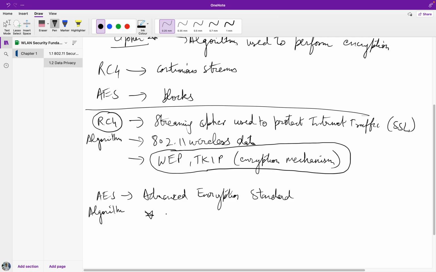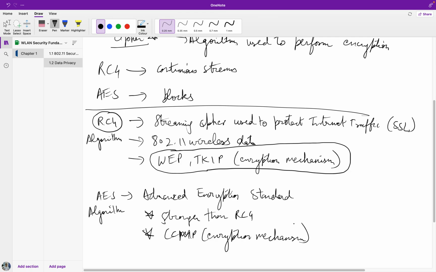So this is stronger than RC4 for sure. Now AES is also used to encrypt .11 wireless data by using an encryption method called CCMP. CCMP is the encryption mechanism which uses the AES algorithm.